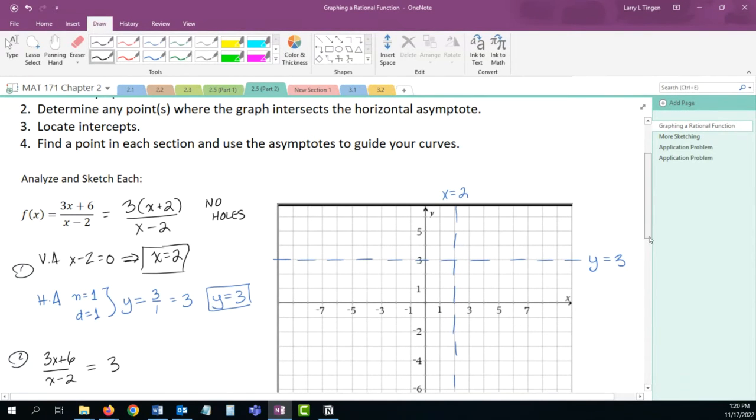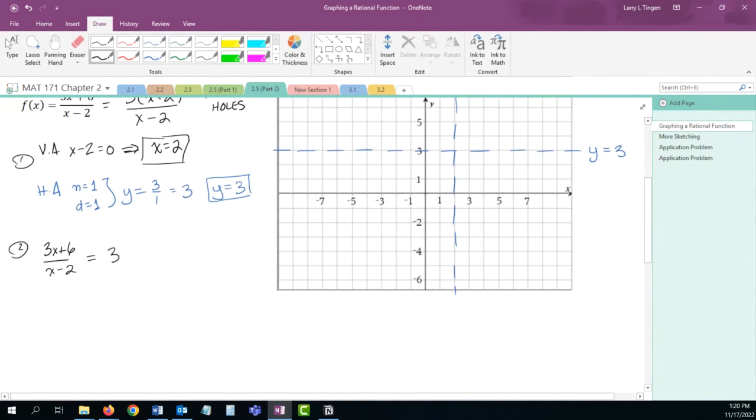So solve. Okay. Everybody's favorite operation, which is not really an operation, cross multiplication. If this rational function is equal to this ratio, then 3x plus 6 times 1 must be the same thing as 3 times x minus 2. 3x plus 6 is equal to 3x minus 6.